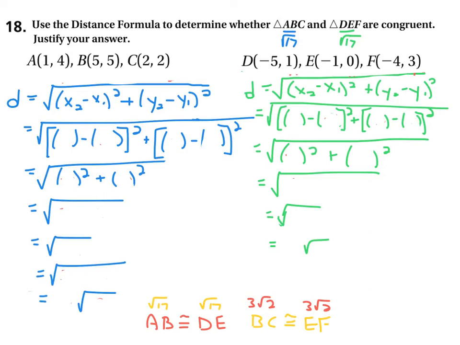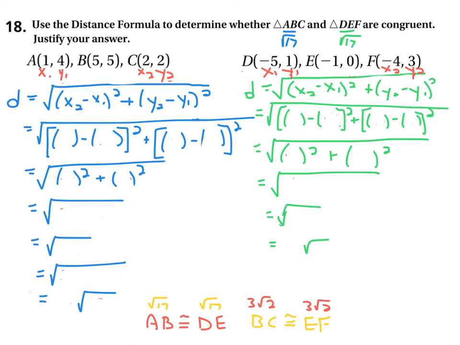Okay, so let's take this last point. What is the last point? The last point is going to be the first letter to the last letter, A to C. So I'll label this as x1, y1, and this as x2, y2. And same thing over here, D to F, x1, y1, x2, y2.